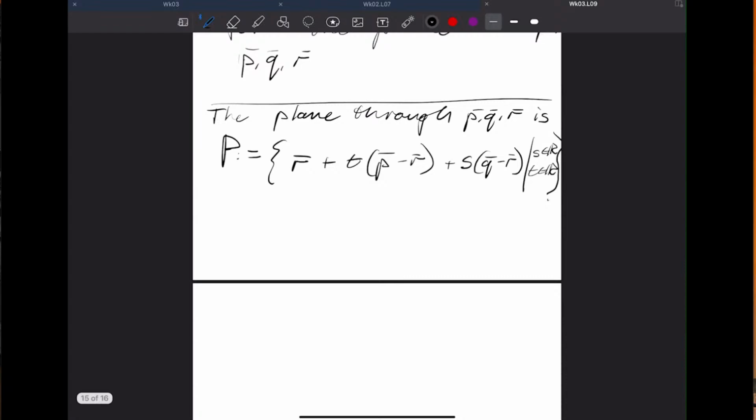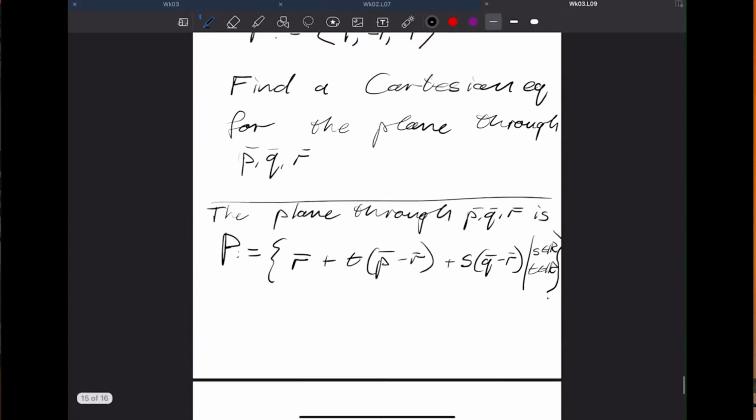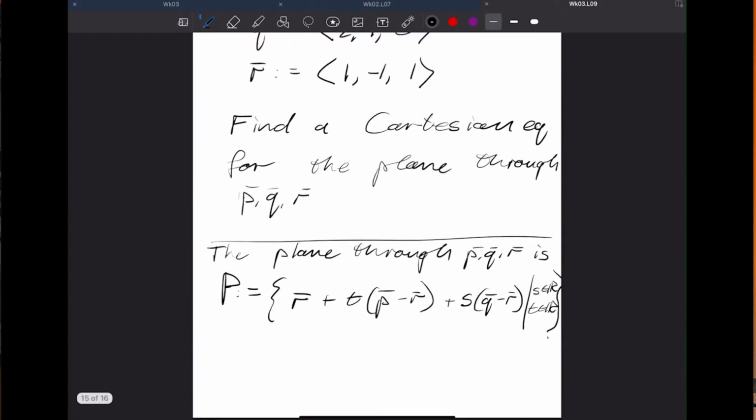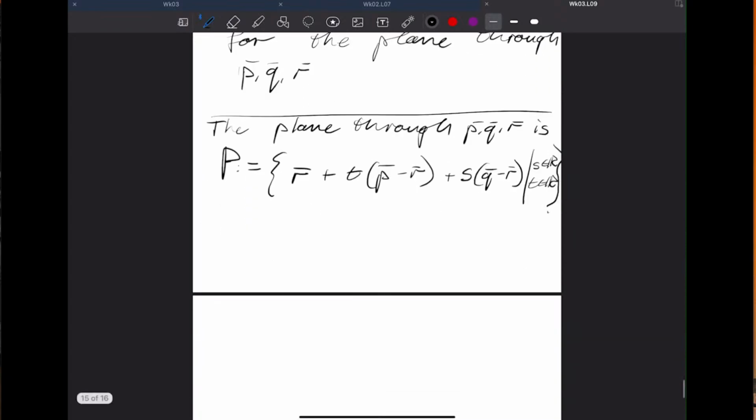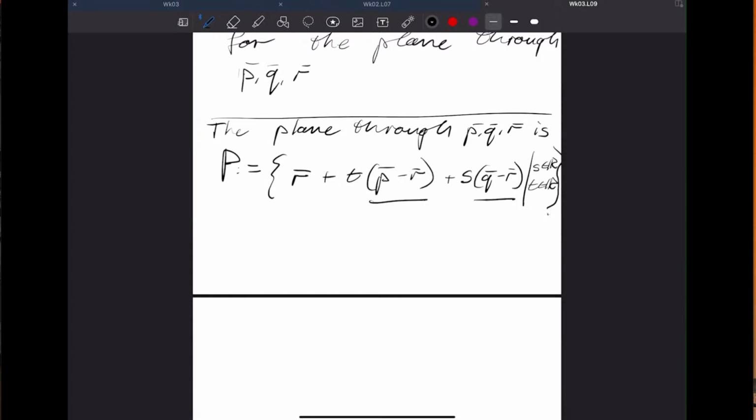Okay, and now what do we need to write down a Cartesian equation? We need a normal vector. We take the two direction vectors of our plane and work out a vector that is perpendicular to both of them. It's very lucky we know how to do that, because the cross product gives us a vector that is perpendicular to both of them.